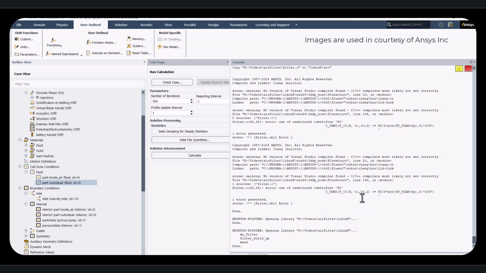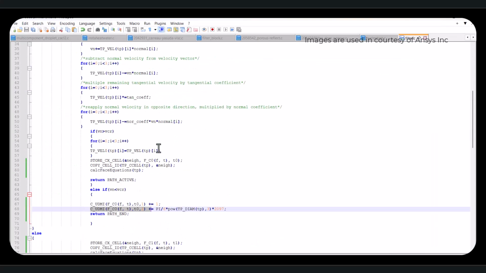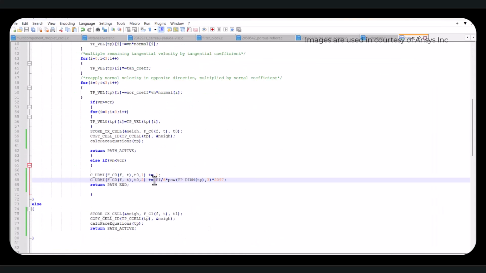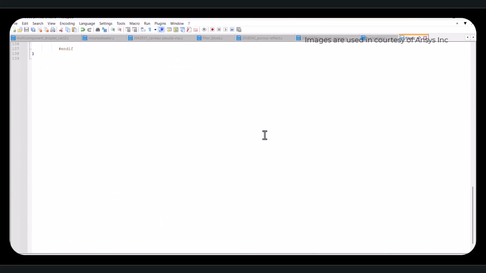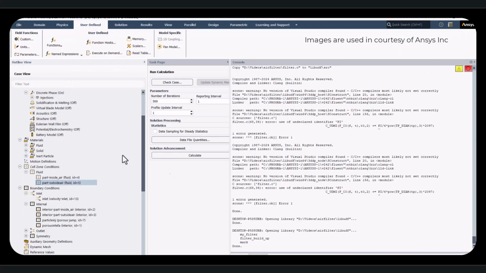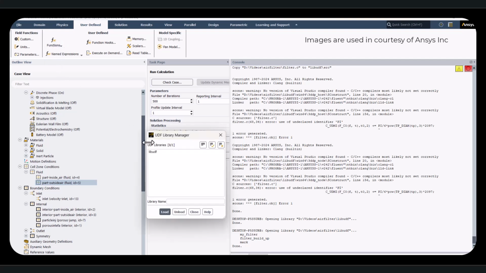So pi, it is not able to identify. I'll just do one thing. It is 3.14. I'll directly mention the value. We'll remove it.